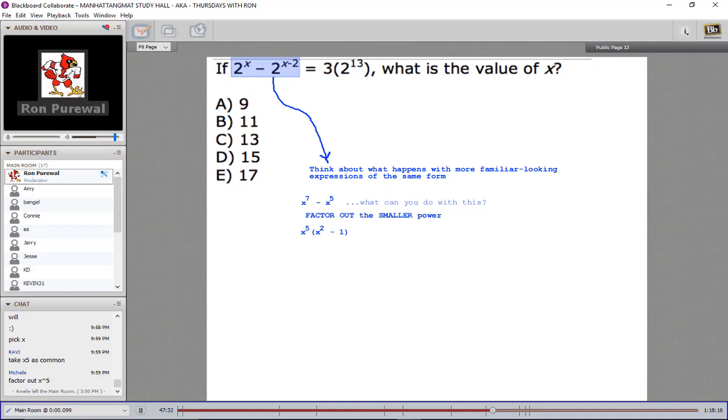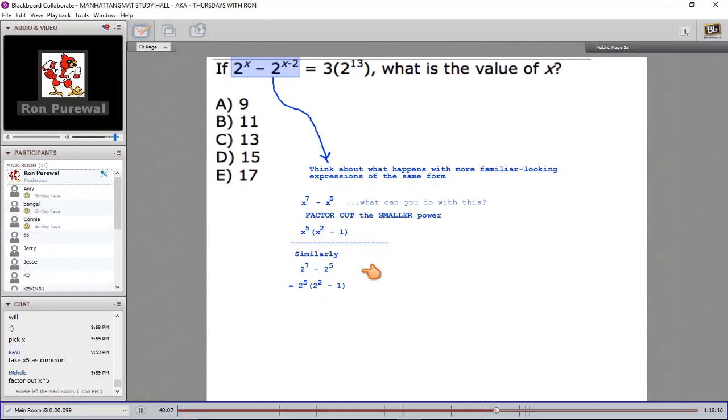So similarly, if it is 2 to the 7th minus 2 to the 5th, obviously you could just turn them into numbers, but you could also factor out 2 to the 5th. And it would work out, because it doesn't matter if that's an x or a 2. Give me a smiley face if that makes sense.